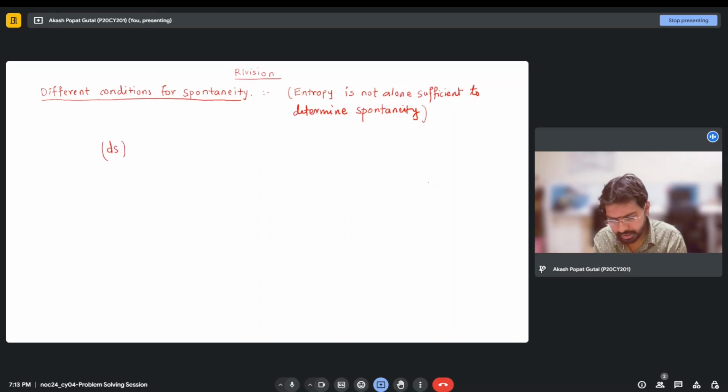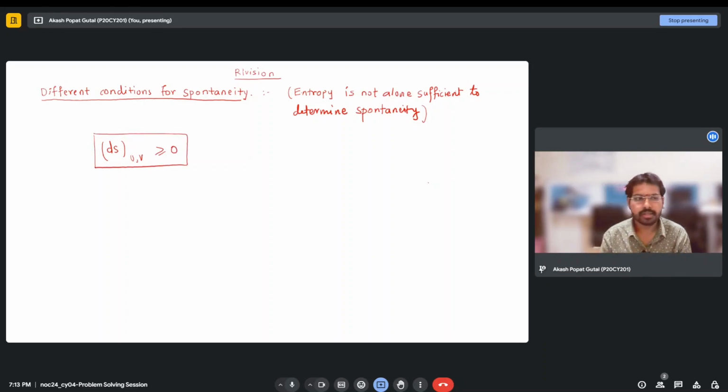The change in entropy at constant internal energy and volume should be greater than or equal to zero. So this is the first condition. And the second condition that we had seen is the change in internal energy at constant volume and entropy. This must be less than zero.